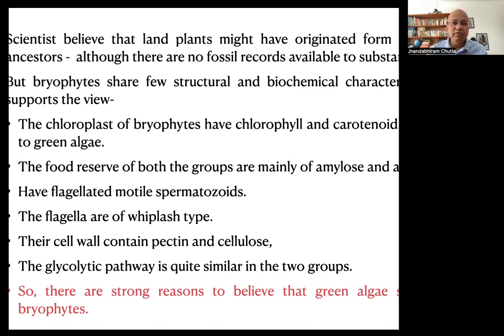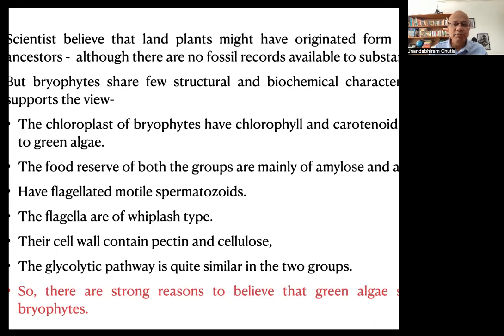But it has been observed in due course of observation and a lot of scientific endeavors that a few structural and biochemical characteristics of algae are similar to those of bryophytes, which supports our view that the bryophytes developed from the algae. The first one is that the chloroplasts of bryophytes have chlorophyll and carotenoid pigments closely similar to green algae.